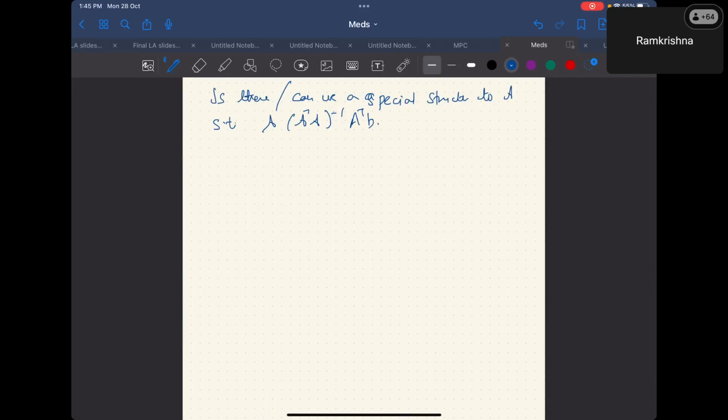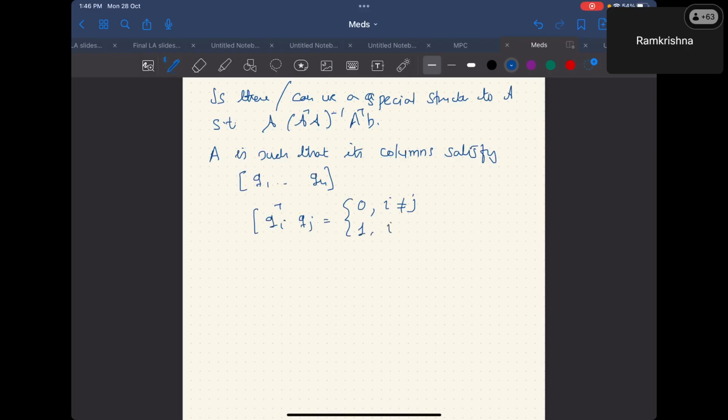Okay, assume now A is such that its columns satisfy this. So let's say I have columns from Q1 till Qn, and these are such that Qi transpose Qj equal to 0 whenever i is not equal to j, and this is equal to 1 whenever i equal to j.